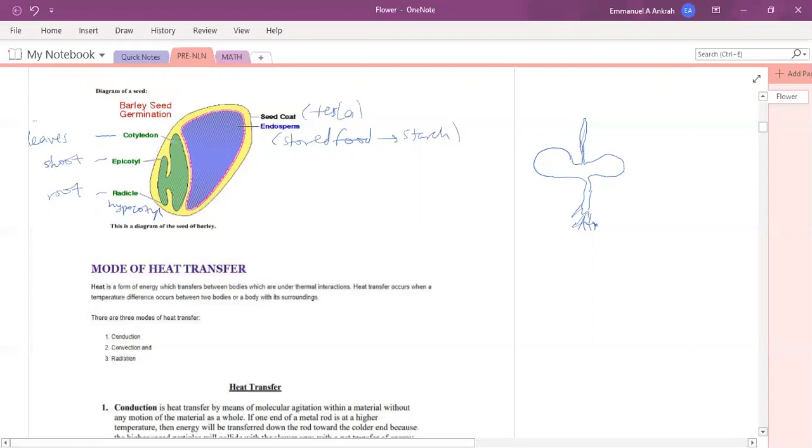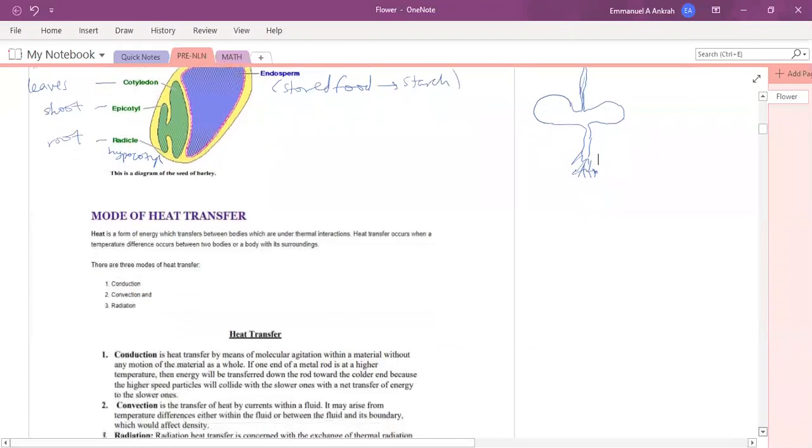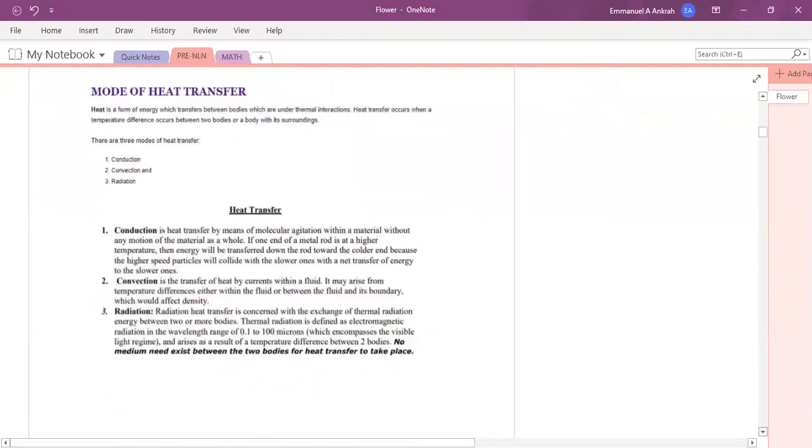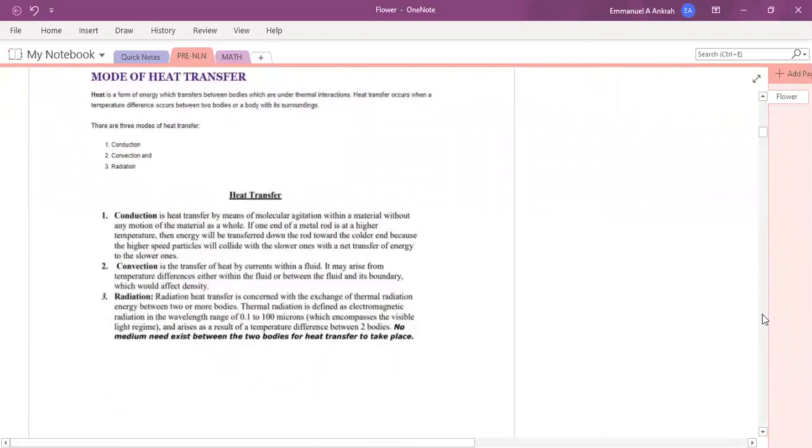Right, great. So now let's switch our mind a little bit to physics, back to physics. Now I want us to look at heat and the modes of heat transfer, how heat is transferred from one object to the other.